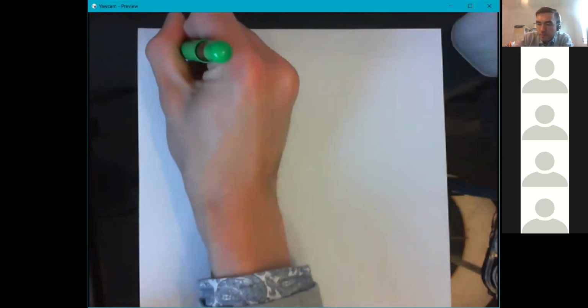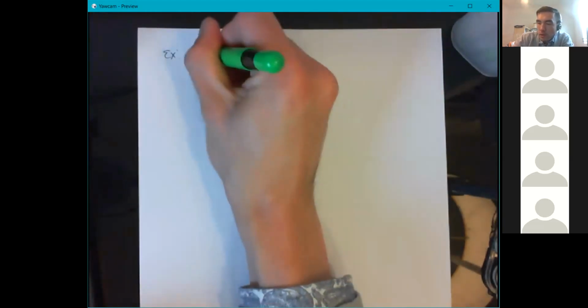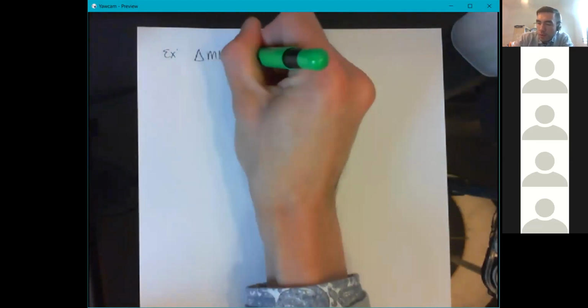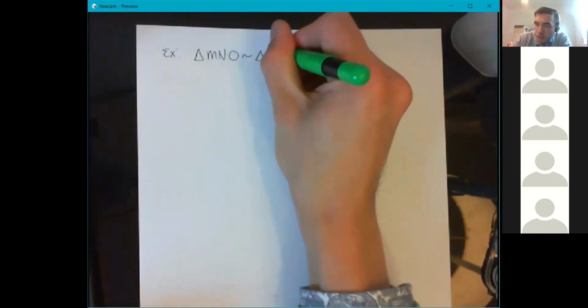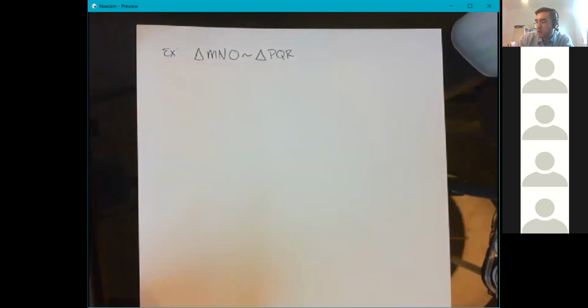For example, triangle MNO is similar to triangle PQR, and here's our little image.